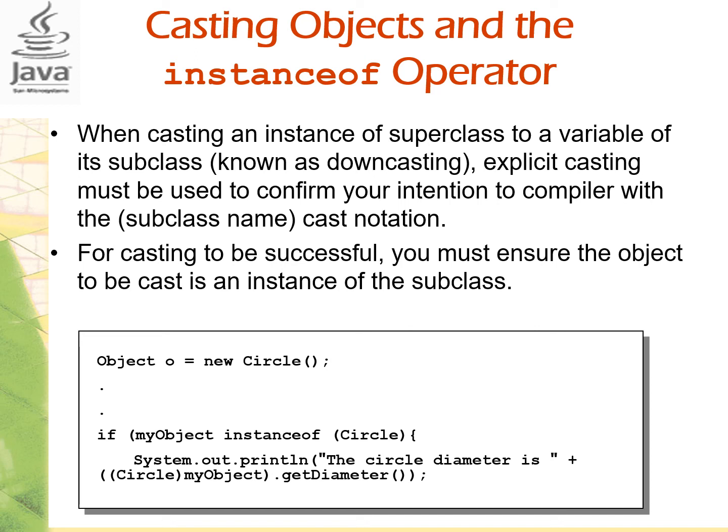Okay, and then you have some implementation, and maybe my object here is an object type, and then you check whether this object instance is of type circle. If yes, what you do is you cast this variable my object, to force it to be type circle.